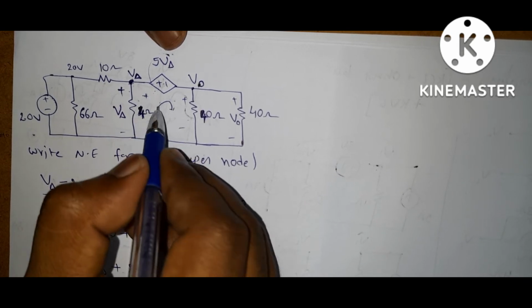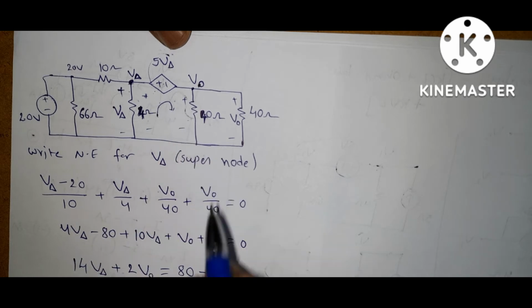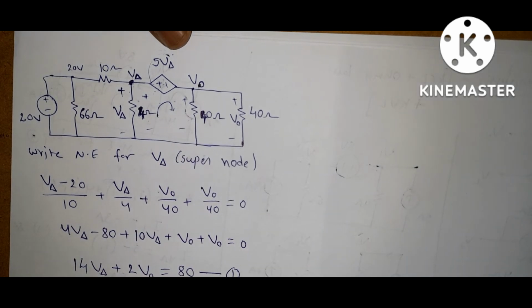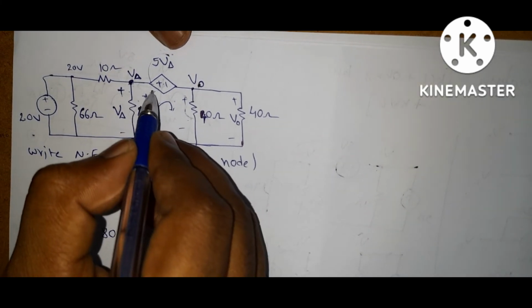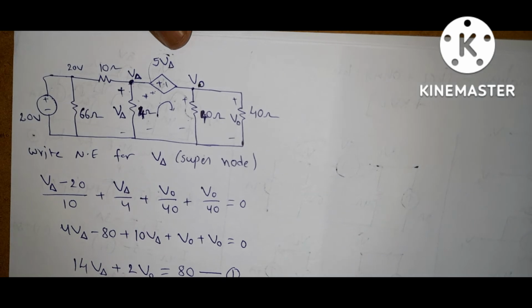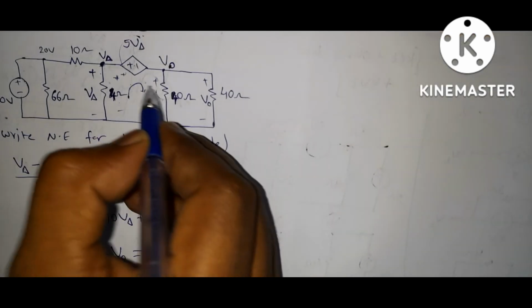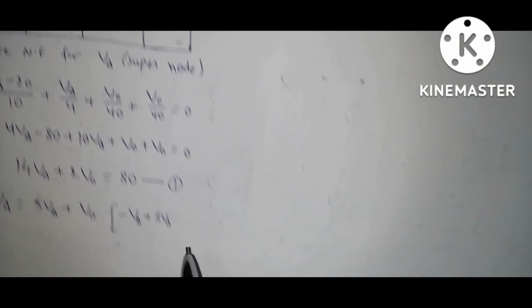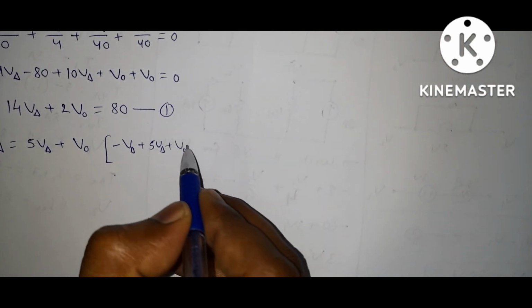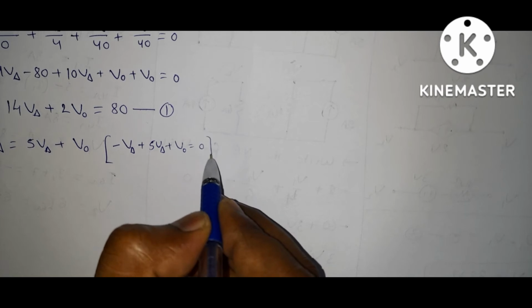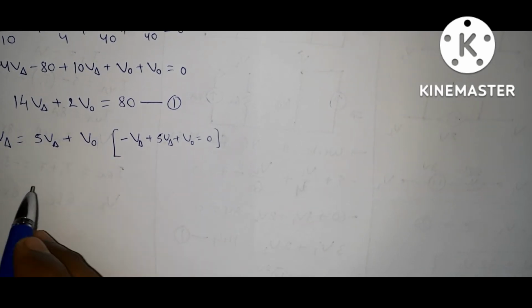If current is leaving the positive terminal in KVL, we take minus V delta. Here current is entering positive, so take 5V delta. Here also current is entering at positive, so take positive V0 is equal to 0. So you get same equation.